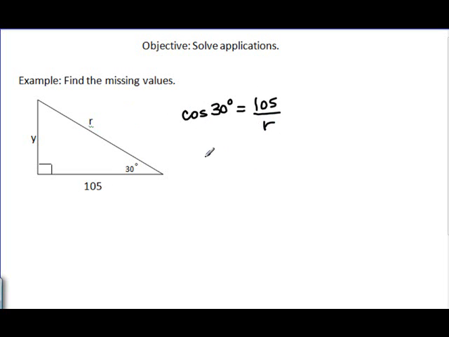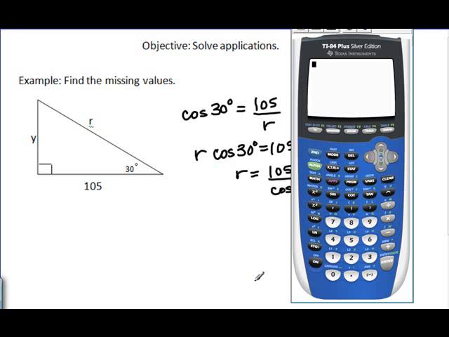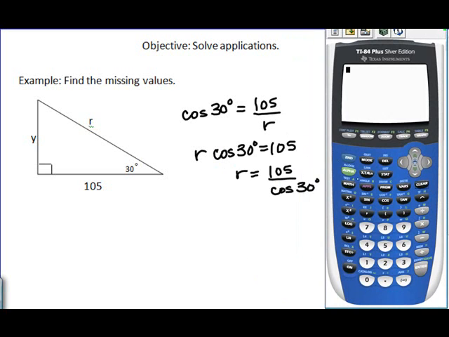In fact, if I multiply both sides by r, I get r times cosine of 30 degrees is equal to 105. So therefore, r would be equal to 105 divided by cosine of 30 degrees. And then you can use your calculator. I do need to change my calculator mode to degrees if it's not already in that.